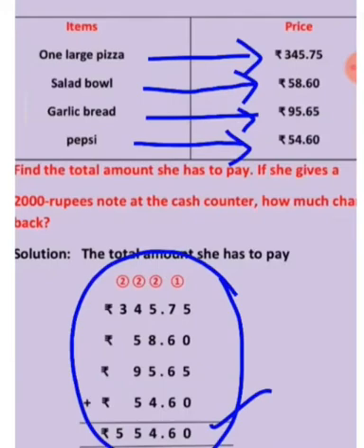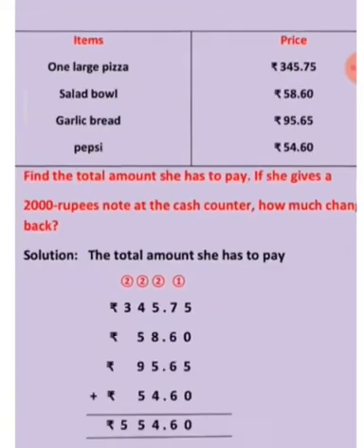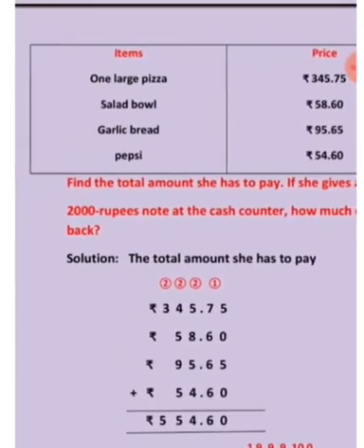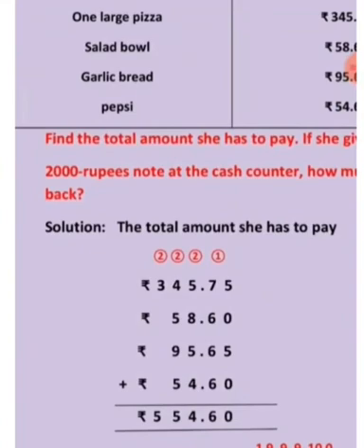After seeing the order amount, now you decide, if she gave a 2000 rupees note at the cash counter, how much money she will get back. She will get back means we have to do subtraction of these two amounts, isn't it?